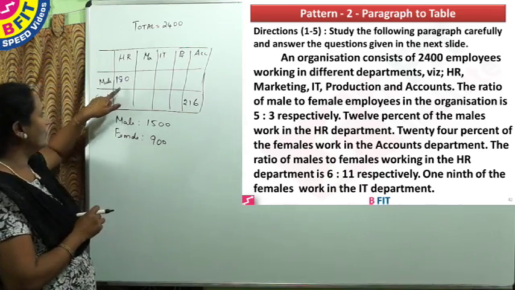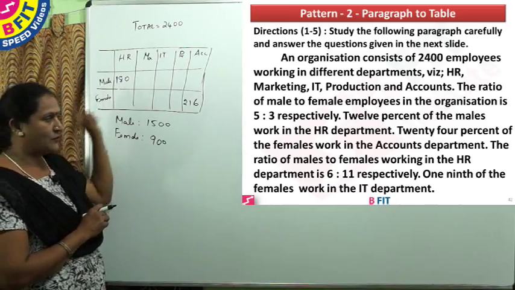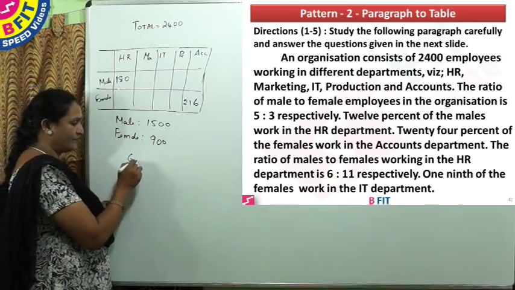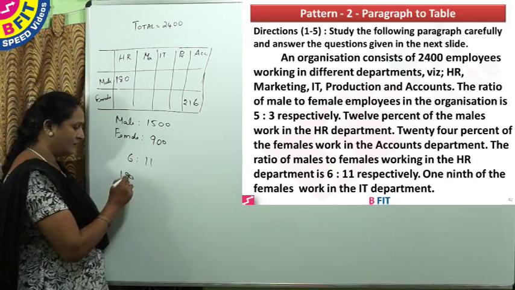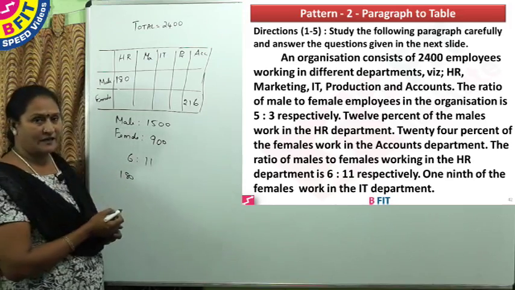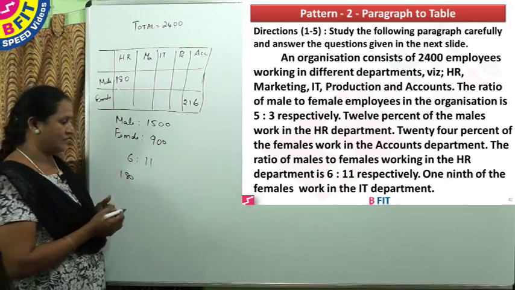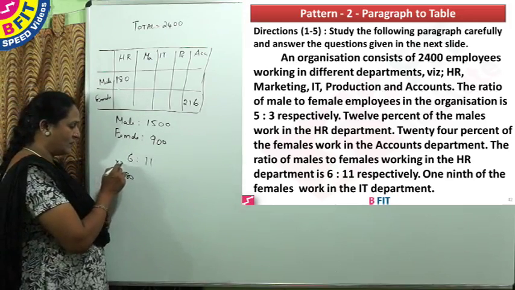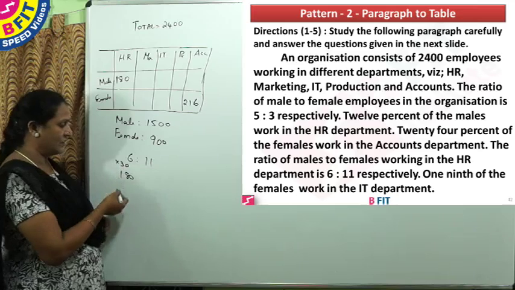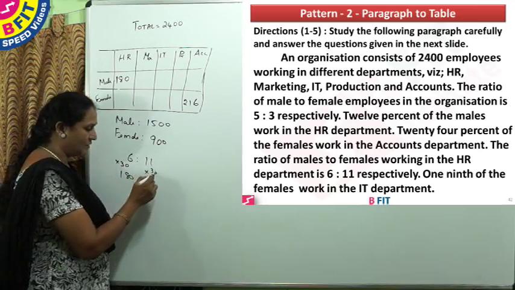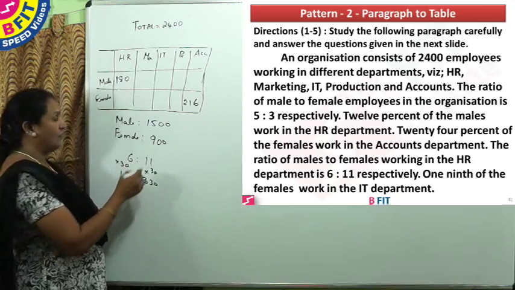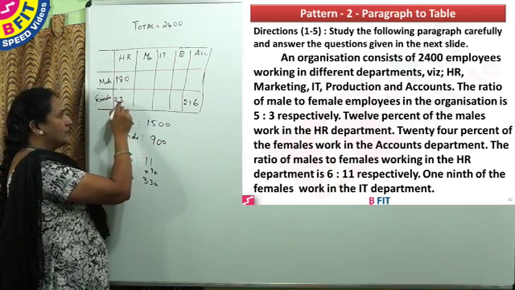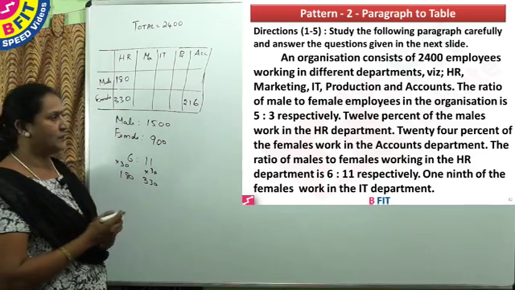We have found in HR the number of male is 180. So male to female is in the ratio 6:11. If 6 parts is 180, we need to find 11 parts. What is the value we have multiplied? 30. 6 into 30, 180. Multiply the same 30. So 30 into 11, it is 330 female in HR department.